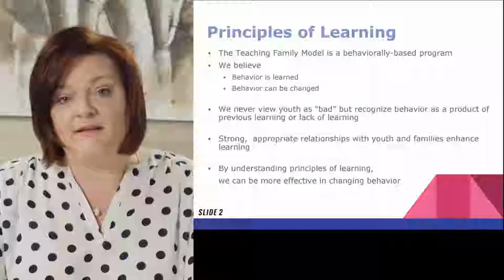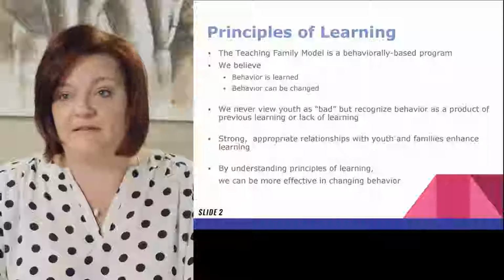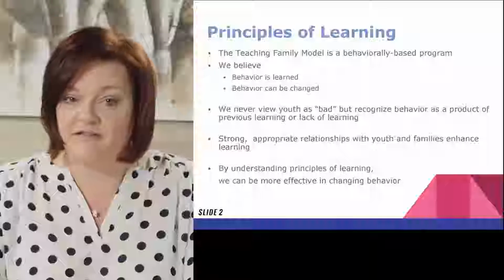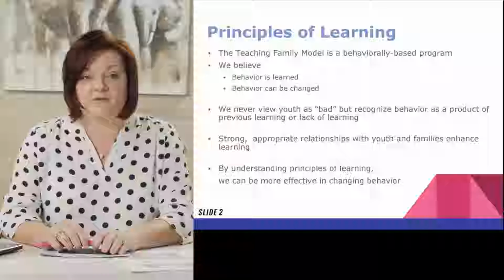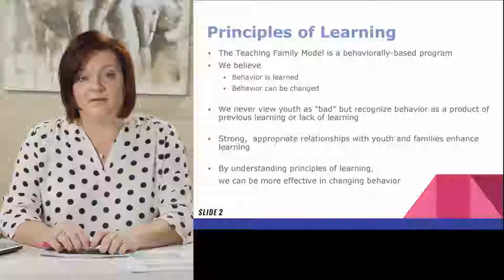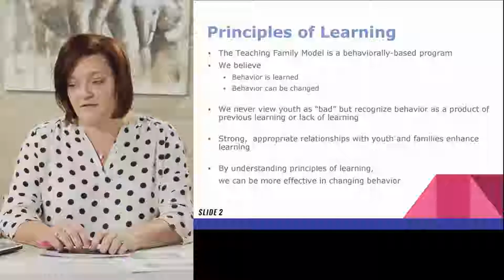We know that children learn in many ways. They learn through imitating their parents, they learn through direct application of teaching, and they also learn through experiences. And social learning theory is largely based on those concepts, that behavior is learned and that it can be changed.